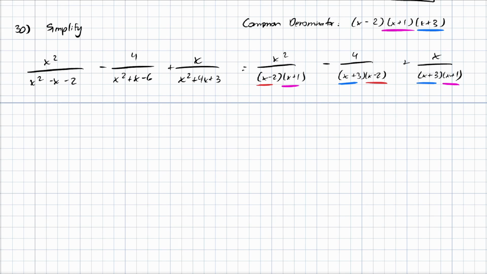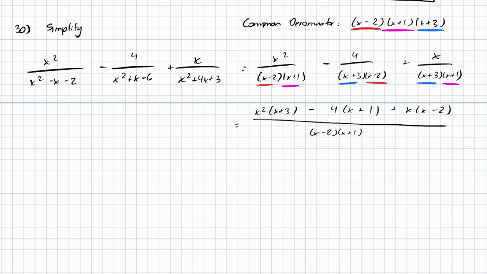But fortunately for me, they only have two colors, so I need one more for each. This one's missing the blue, so x squared times x plus 3. I'm combining them all in one to save myself time. Minus 4, it's missing the pink, x plus 1. And then I'm going to add this one, which is missing the red, x minus 2. And all of that over x minus 2, x plus 1, x plus 3.